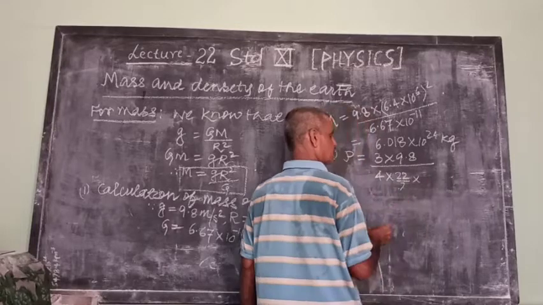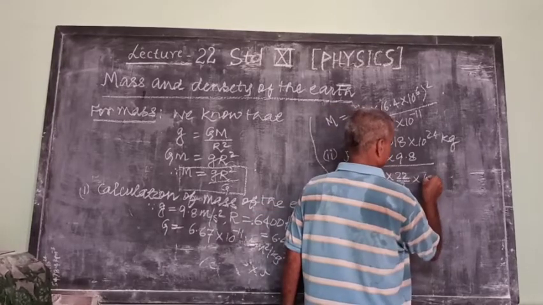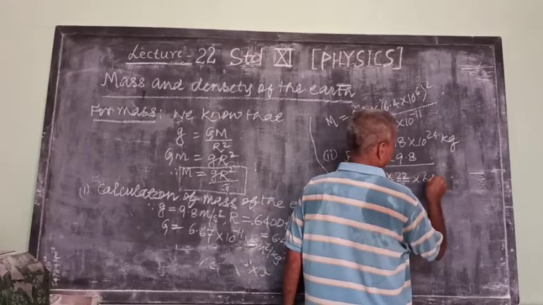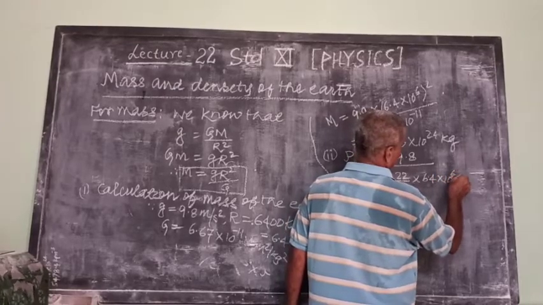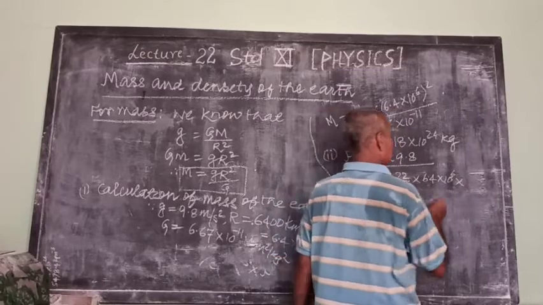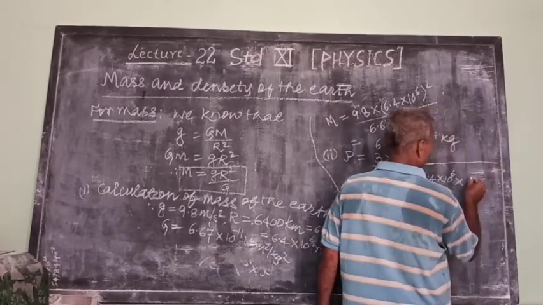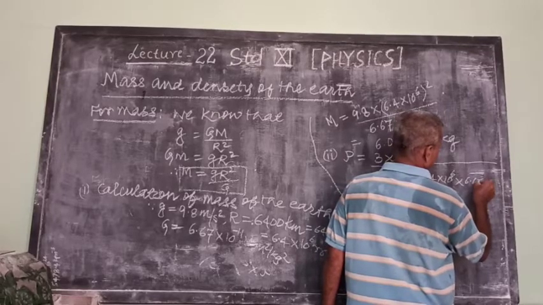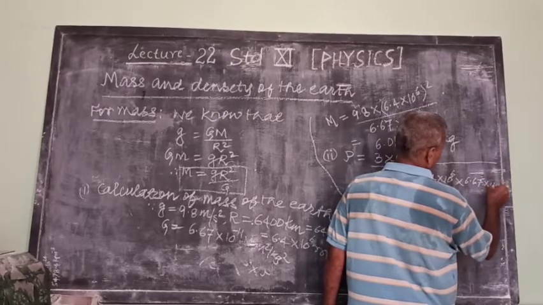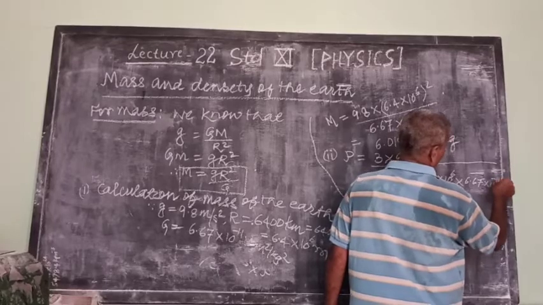R, radius of the earth, 6.4 into 10 to the power 6. The value of G, it is also fixed, 6.67 into 10 to the power minus 11.